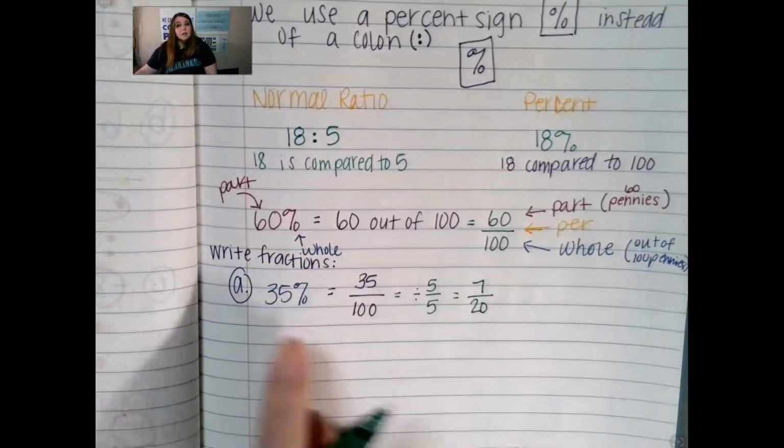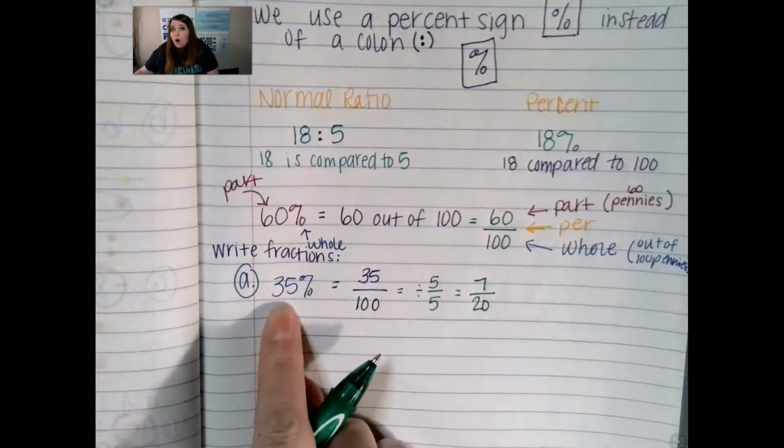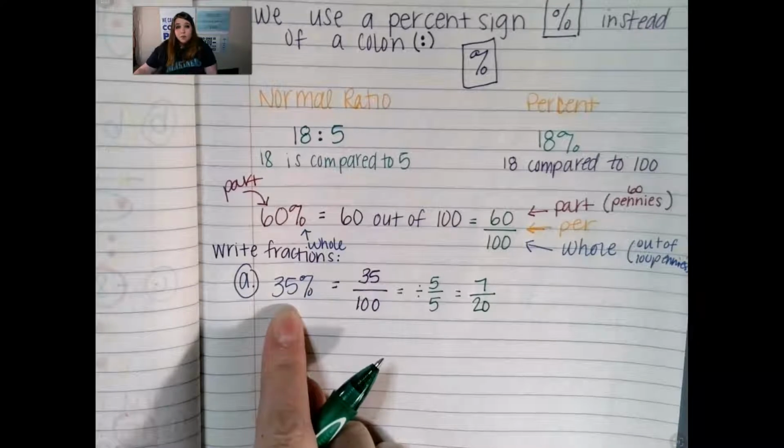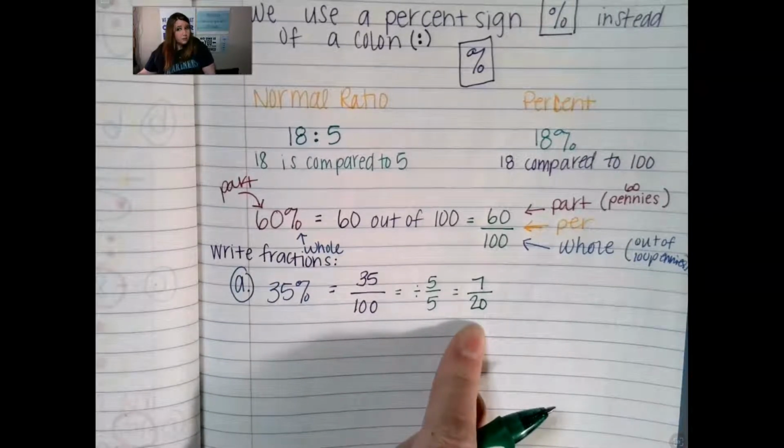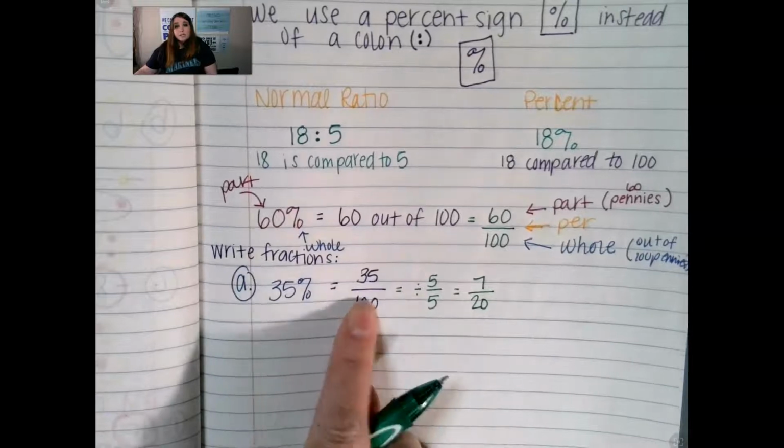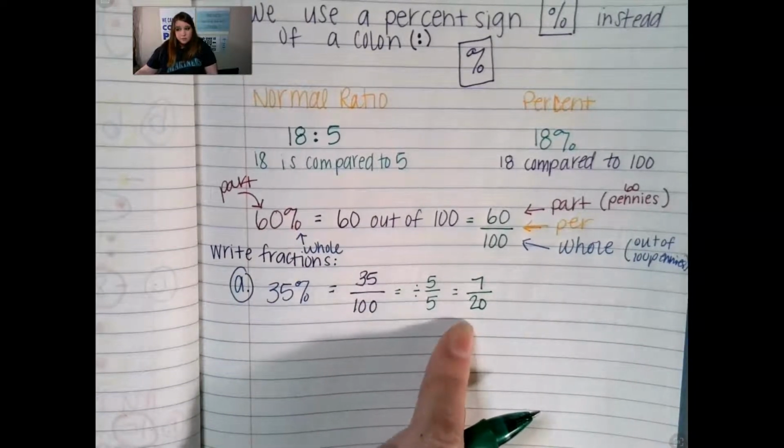These three things are all equivalent. 35% equals 35 over 100, and it also equals 7 over 20.